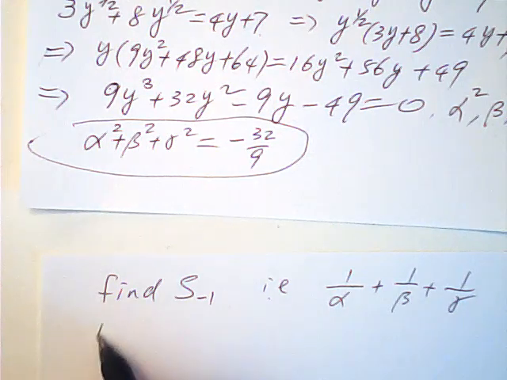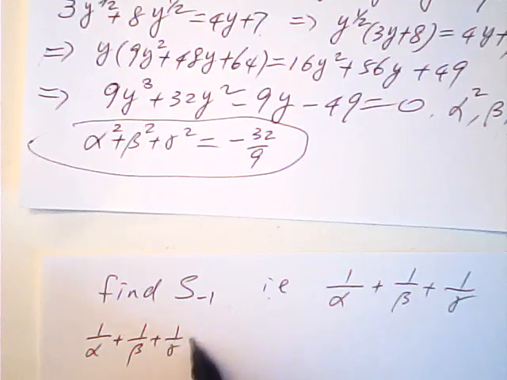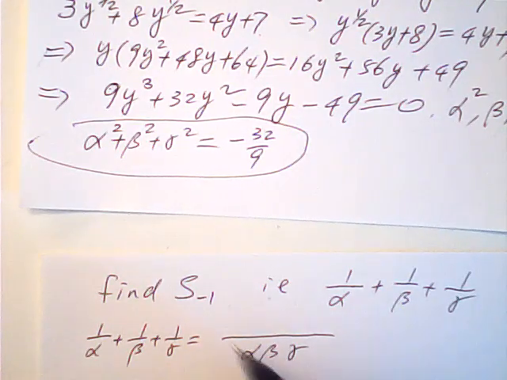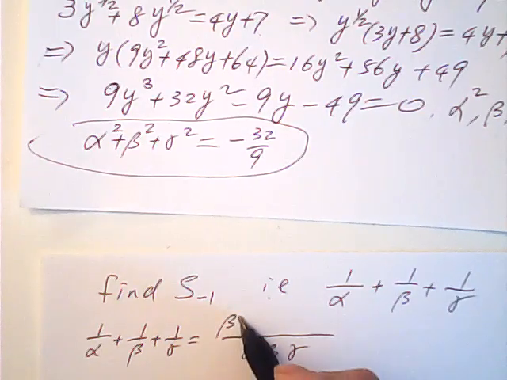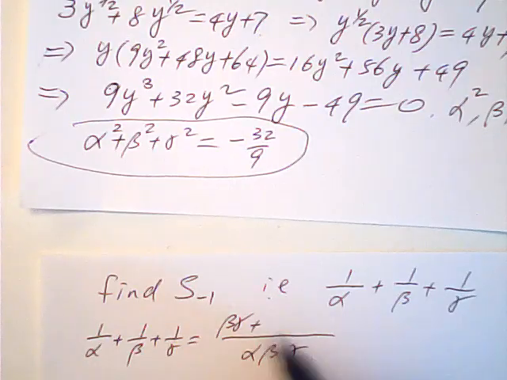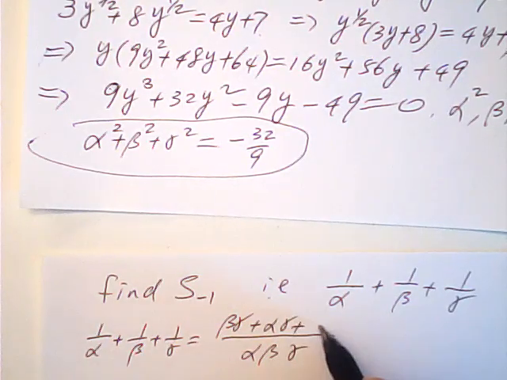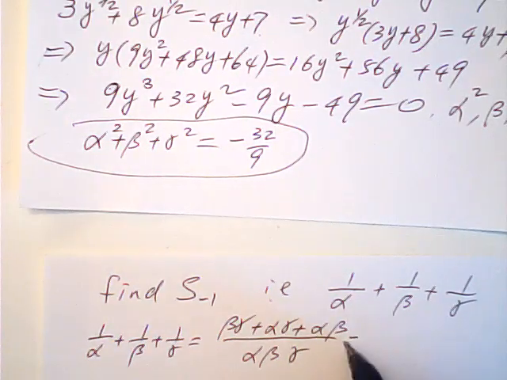Now, 1 over gamma is equal to alpha beta plus beta gamma plus alpha gamma, right? They are equal.